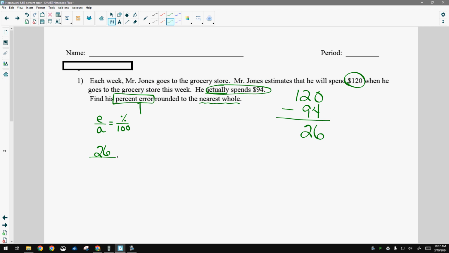And then I go to my problem to find the actual. Be careful, that should be 94 equals x over 100. Now that I've done the hard work of plugging it in, remember you're going to cross multiply. 94x equals 2,600. To get x alone, we divide both sides by 94.